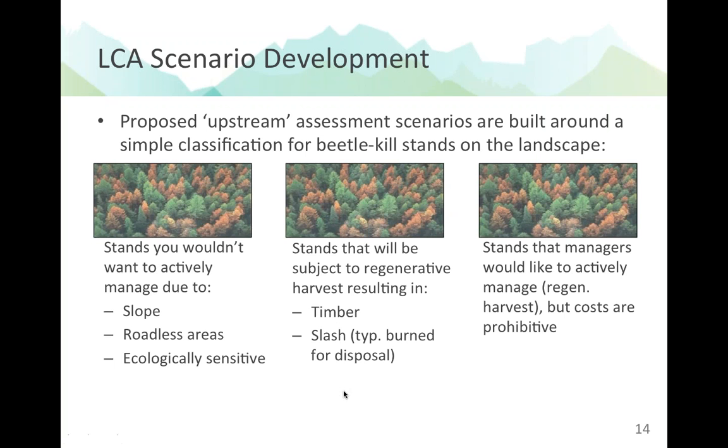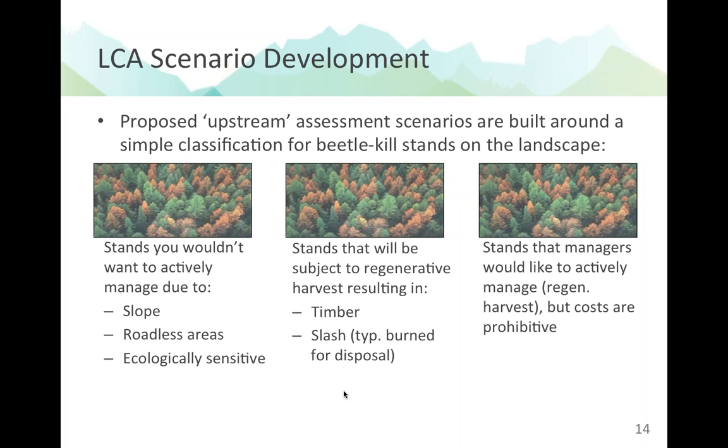And so the proposed scenario, we tend to think of the problem in three pieces. There's beetle kill all over the western United States, over huge areas and very large quantities. And it comes in a variety of forms. So there's some areas where the local land managers recognize that the best thing to do is just leave that beetle kill alone, right?